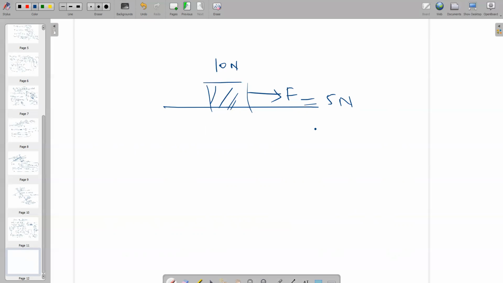The friction is static. If you apply 9.99 Newton, the body is still not moving, but it will offer to this force a maximum friction, and that is called limiting friction or maximum friction.